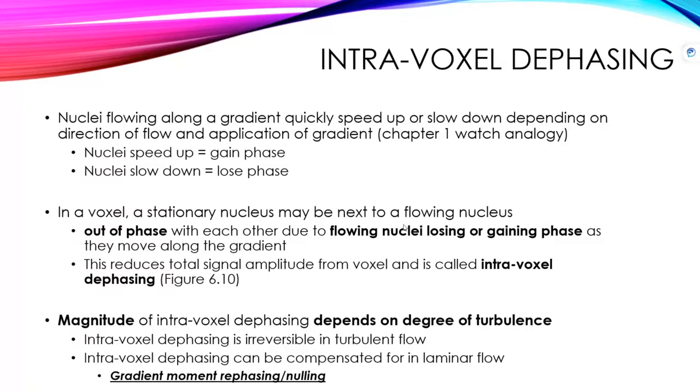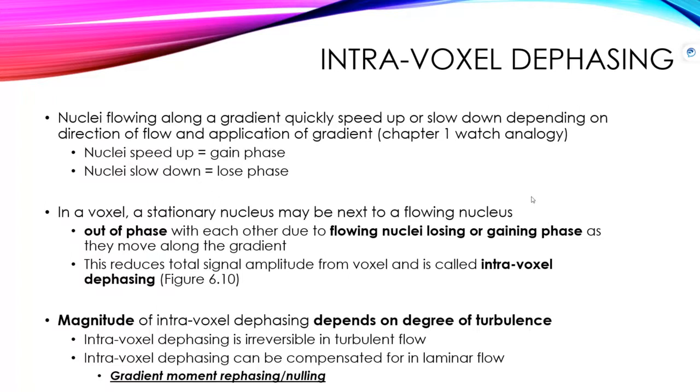This is similar to when we were talking about aliasing, where we had spins from the outside of the volume of tissue exhibiting the same phase as the spins inside of the volume of tissue, and so they were getting wrapped into the unit volume, or the voxel, so to speak.